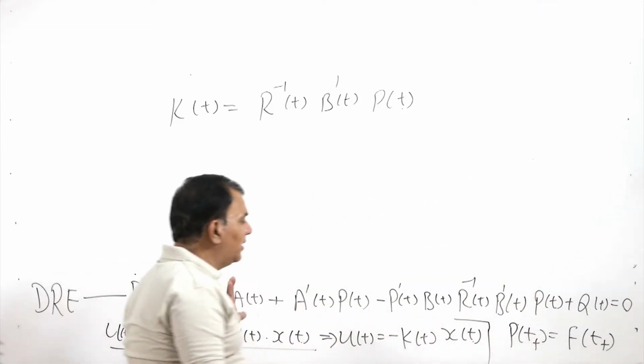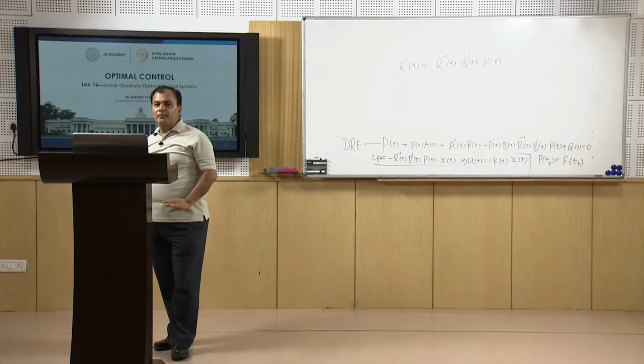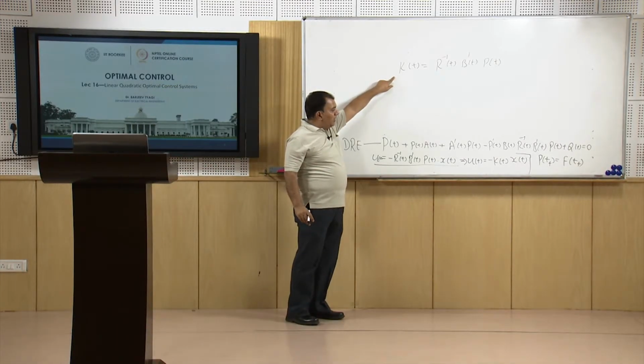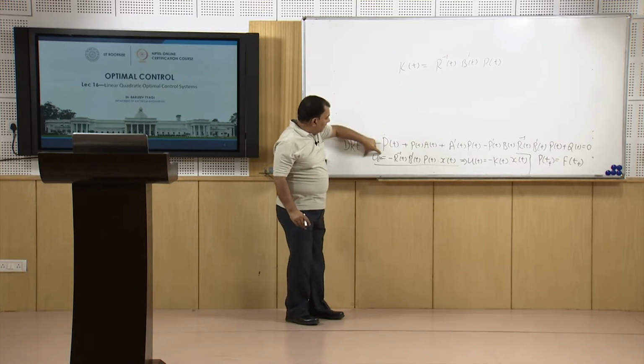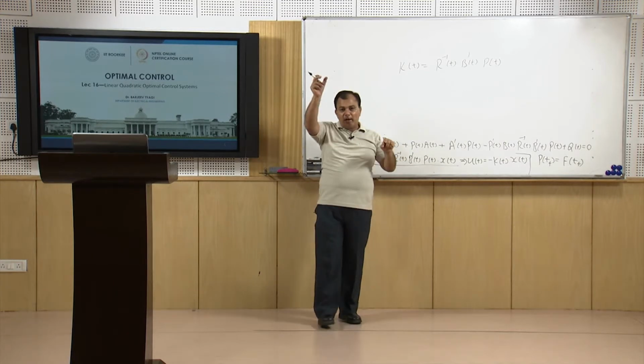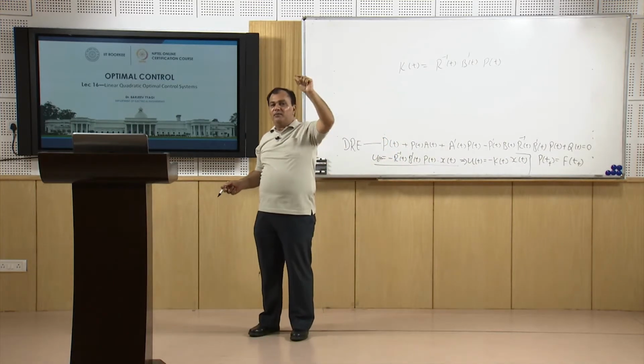So, in backward time we can solve this Riccati equation to get my K(t). So, directly I can apply u(t) as my complete state feedback. So, I can measure x(t), multiply it with K(t) and give it as my u.